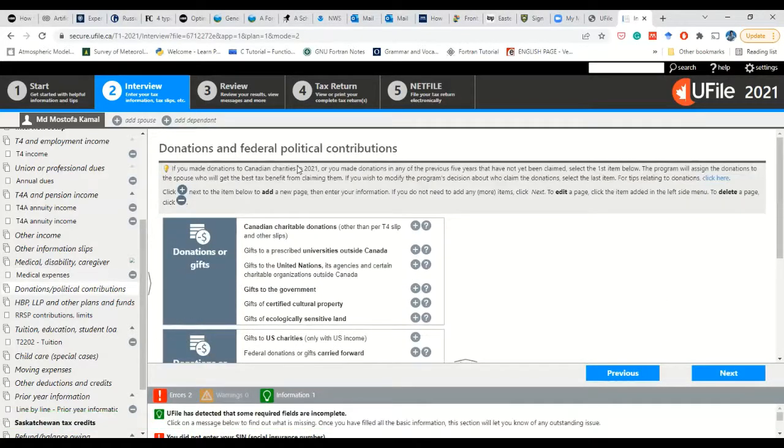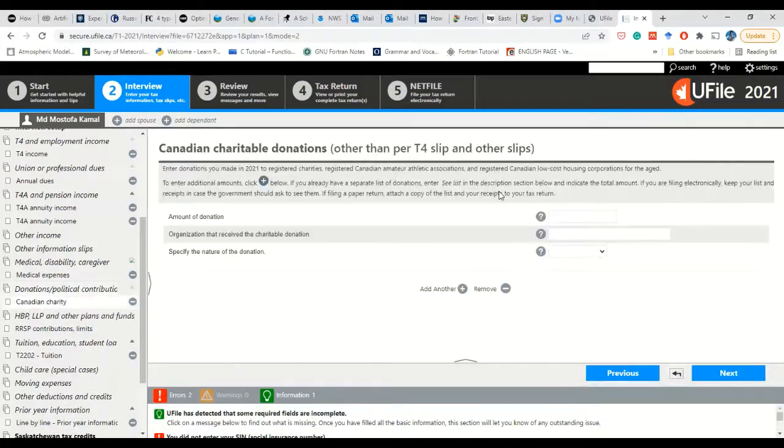Now comes donations and political contributions. As I mentioned, you probably have contributed to Wikipedia, or the Canadian Red Cross, or some Ukrainian cause, or to a local political party you are affiliated with. You can do the same thing; creating the form is the same everywhere.